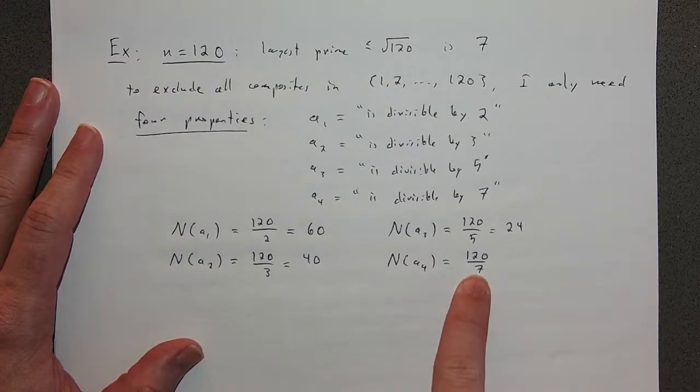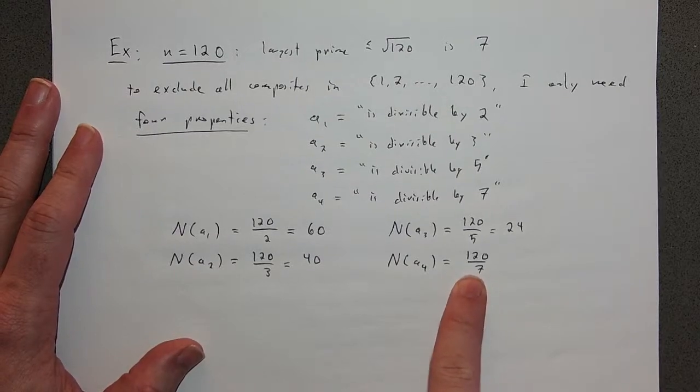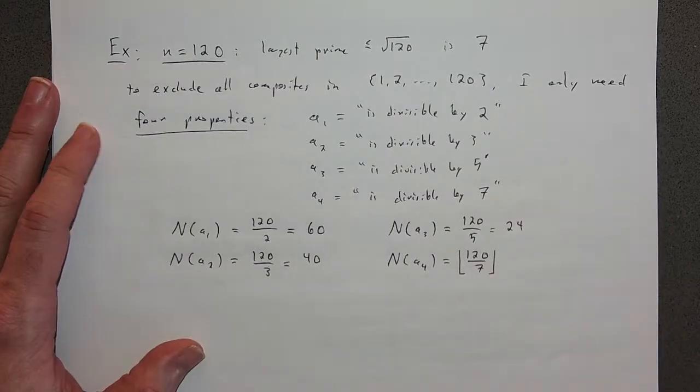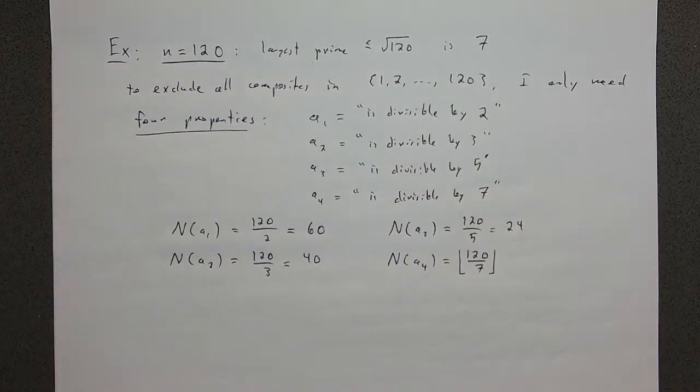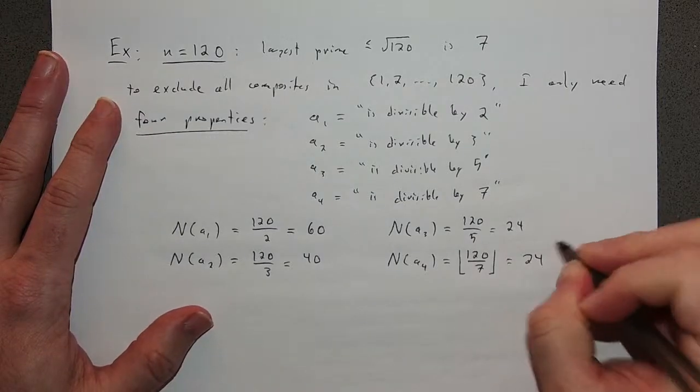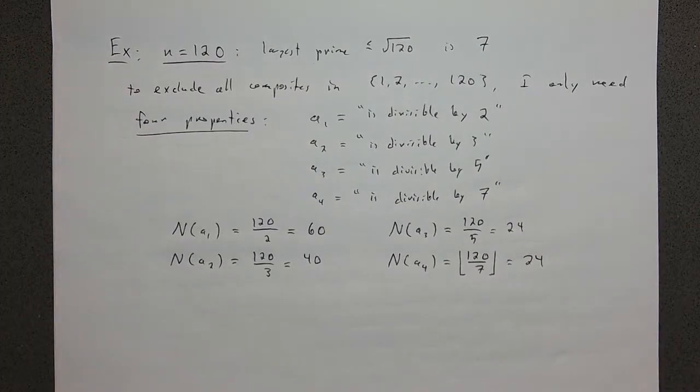So how do I fix this count? Using the floor function works fine, and there are 17 such numbers. So this is a use for our floor function here.